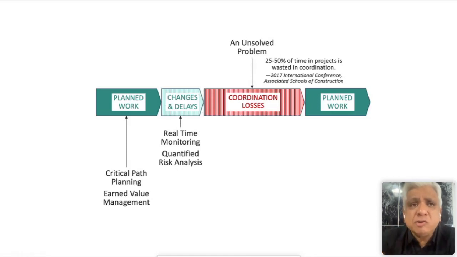You need to have good control so that clients are not going crazy making changes to the project all over the place. But that is not the reason for delay. Only about 10 to 15% of the time, according to studies by McKinsey or even the Associated Schools of Construction, is lost because of changes and delays. The leverage is over here. So if we can reduce this loss, we can both accommodate these changes and delays and also get projects done faster or on time.